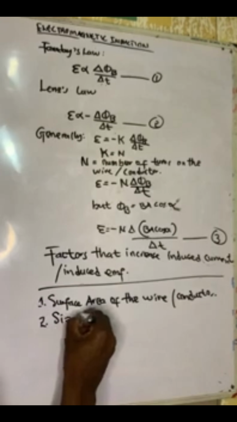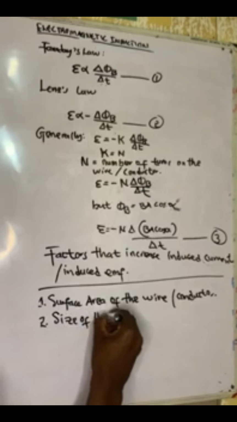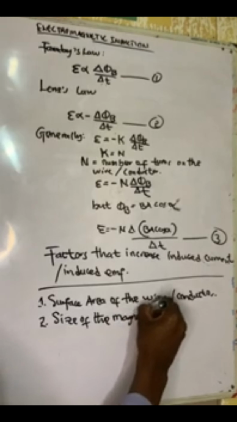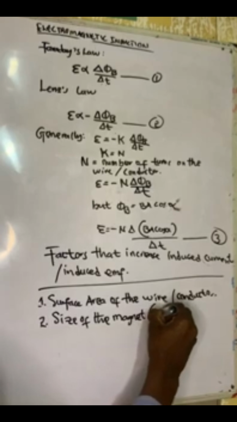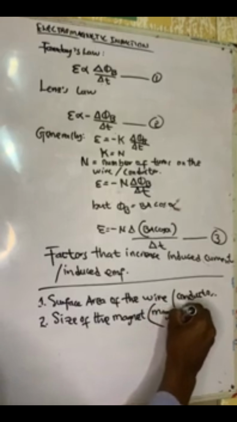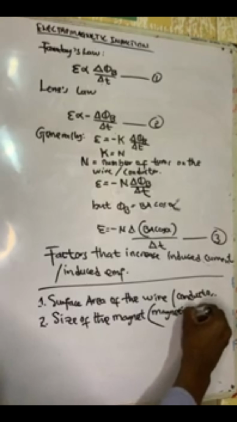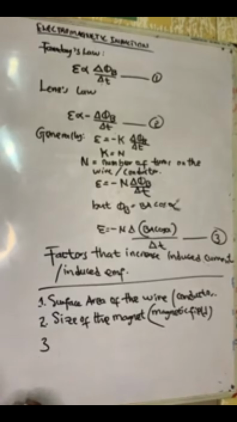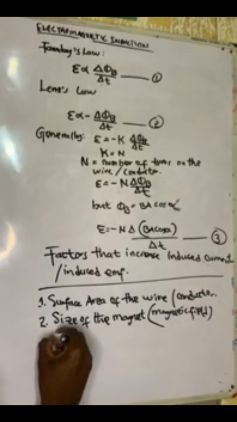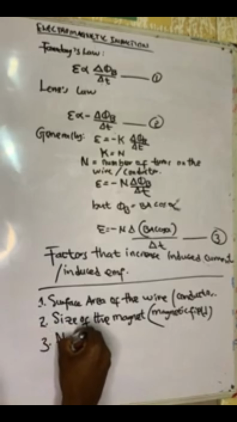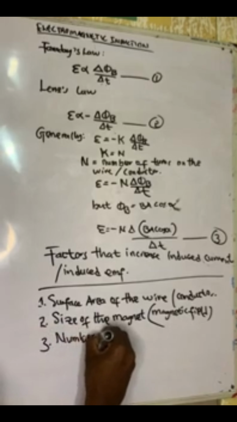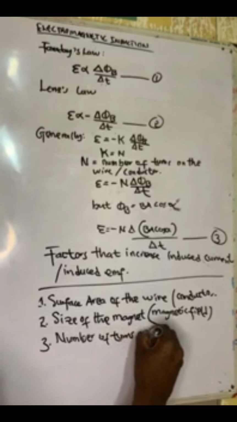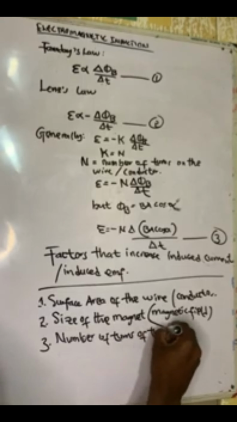Size of the magnet, so that will give us the magnetic field. 3. The number of turns of the wire.